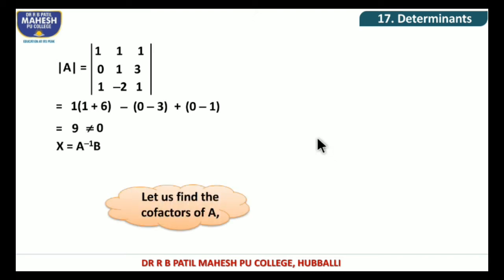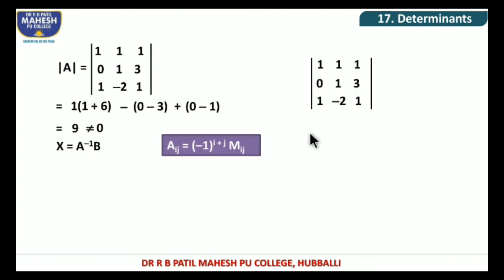Let us find the cofactors of A here. We take the signs plus, minus, plus for the first row, minus, plus, minus for the second row, and plus, minus, plus for the third row. For the first element, A11, we have the sign plus, and the remaining determinant is 1 plus 6, which is 7.